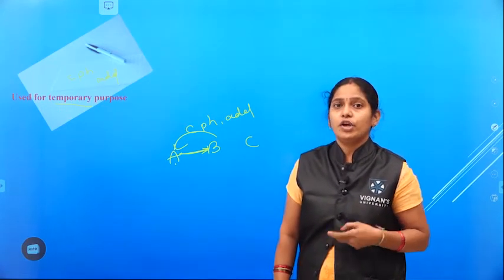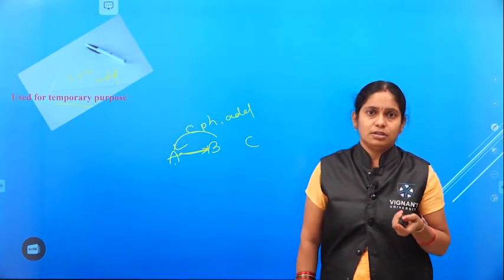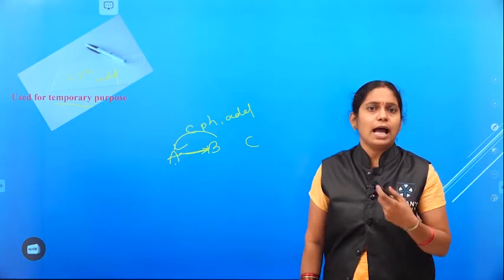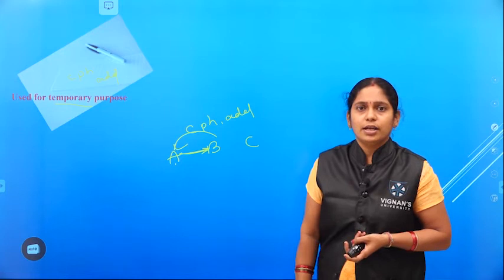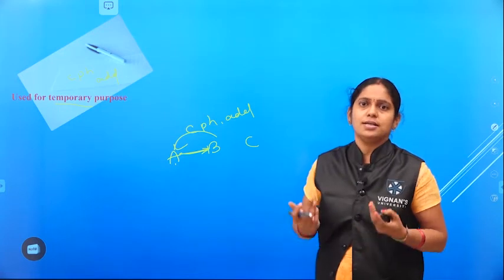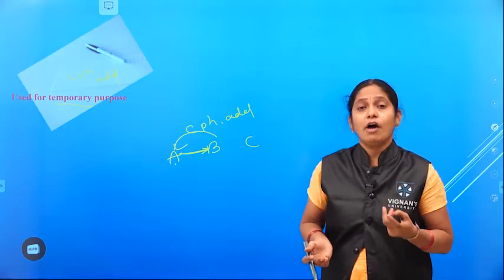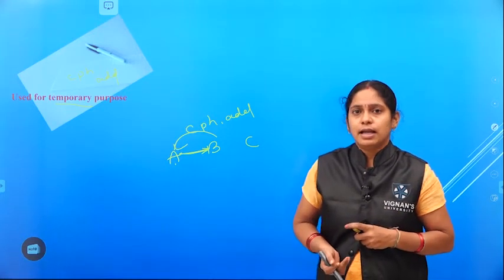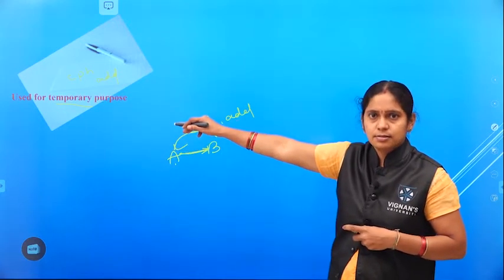Suppose you want to maintain the details of your classmates, usually on the farewell day or on the last day of your degree. What do we usually do? We collect all our friends' phone numbers, their interests, addresses, mail IDs, everything. How will you maintain it? Are paper and pen sufficient to maintain all those details?